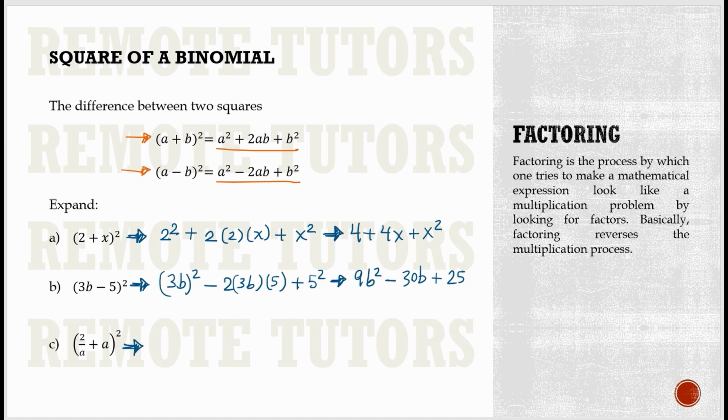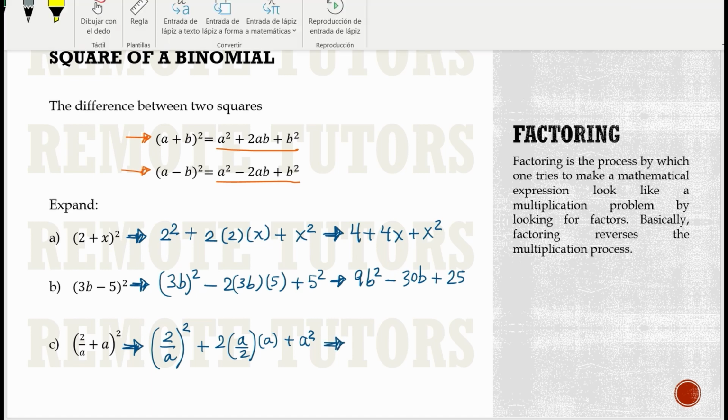And at last, the third example, this is a sum, so we will apply the first formula. That's (2 over a) to the power of 2 plus 2 times the first times the second plus a to the power of 2.